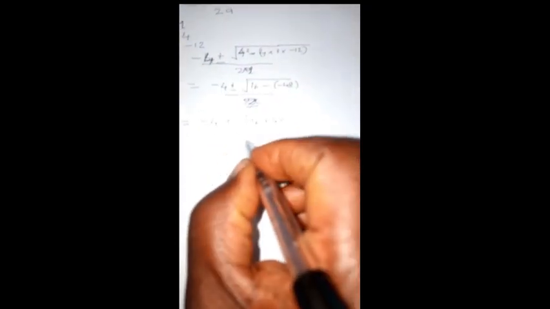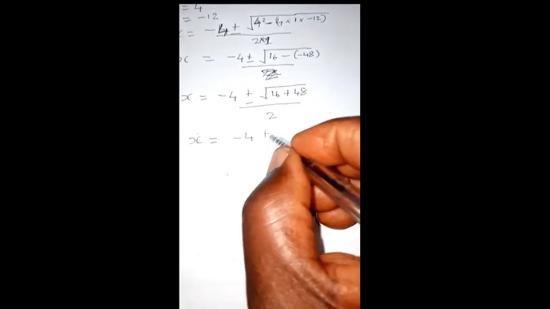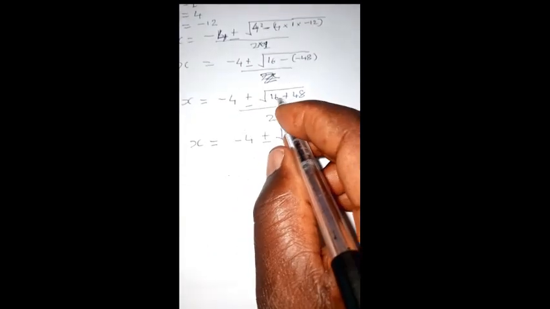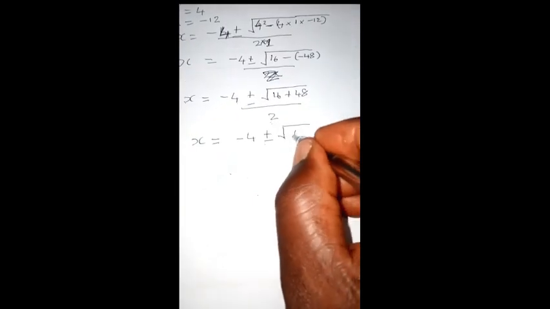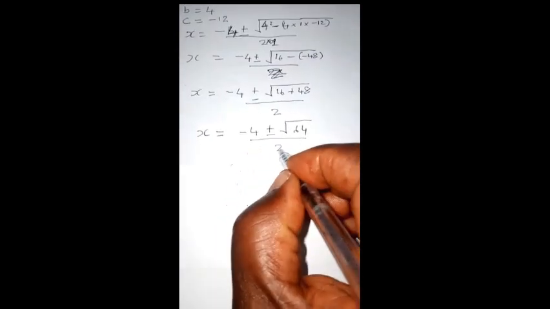This is divided by 2. What we get now is that x is equal to minus 4 plus or minus the root of 16 plus 48, which is 64, divided by 2.